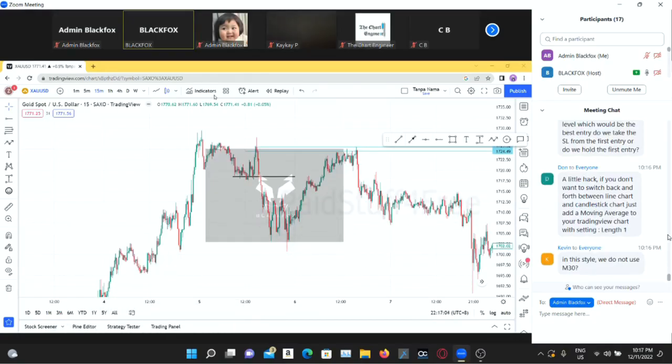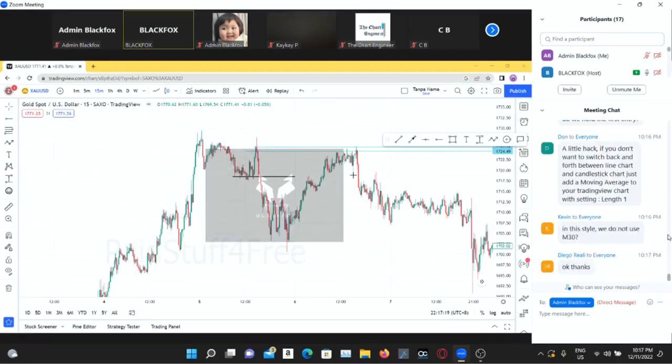Yeah, just take SL from the first entry. If the first entry fails, just take the SL. If SL, just SL, and we try a second entry at the best level. Okay.